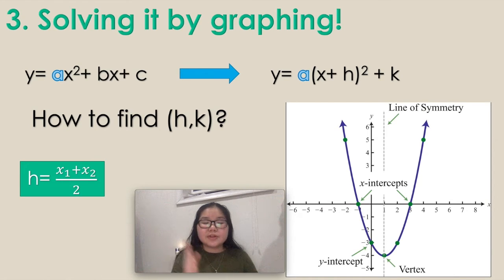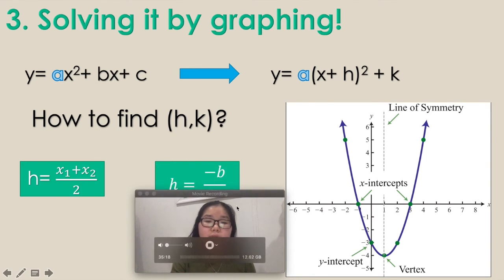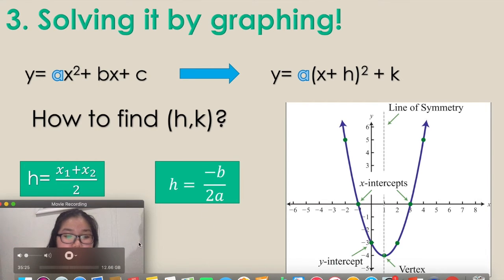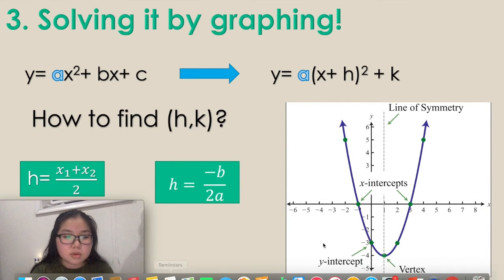That means the first solution plus the second solution, over 2, and that gives you h. The other formula to find h is h equals negative b over 2a. So b is here and a is here. You just need to replace them, and then you can find h.